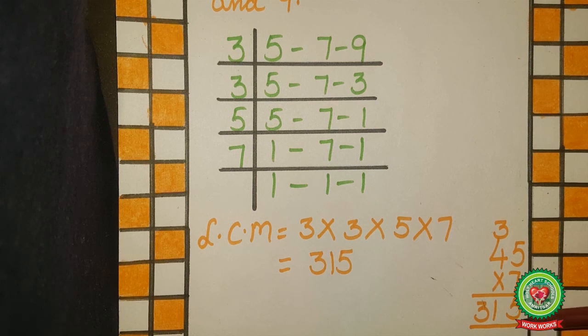Write 5 here and 3 above 4. 7 4s are 28. 28 plus 3 is 31. That means LCM is equal to 315. So students, today we have learnt how to find the LCM of 3 numbers.